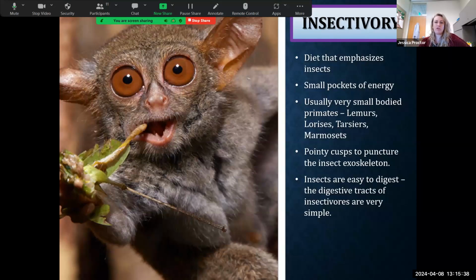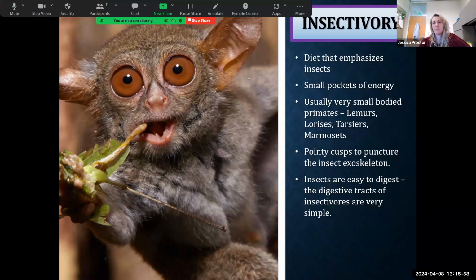So the lower order strepsirrhines are generally insectivores. They also eat tree gum, but we'll talk about that in a moment. In general, the insectivores are the lower order strepsirrhines and a few of the platyrrhines as well. So these primates tend to be small-bodied.